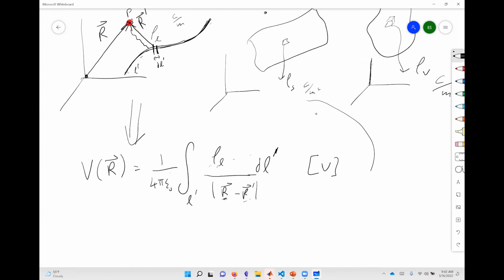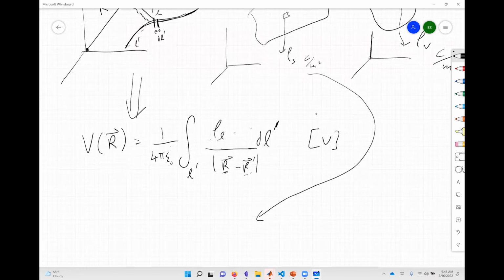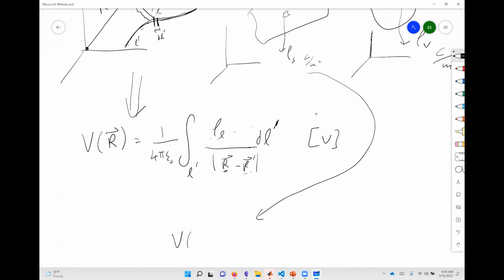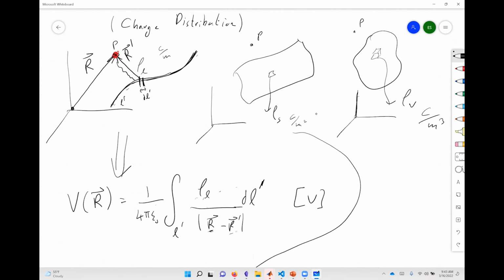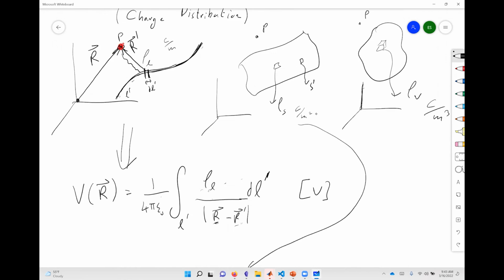Now for the surface, it's the same deal. V at R is going to be 1 over 4 pi epsilon. But now I integrate, I have two parameters. I have S prime, right? So I integrate over the surface. I parameterize the surface somehow. I have to integrate over the whole surface.